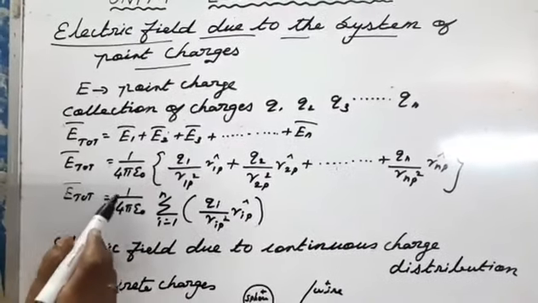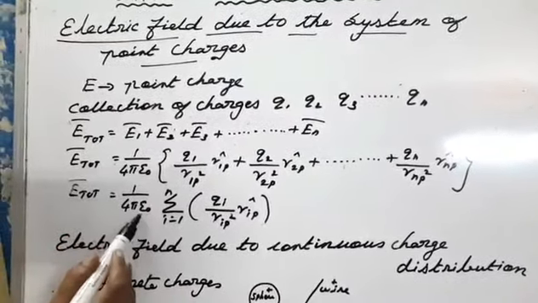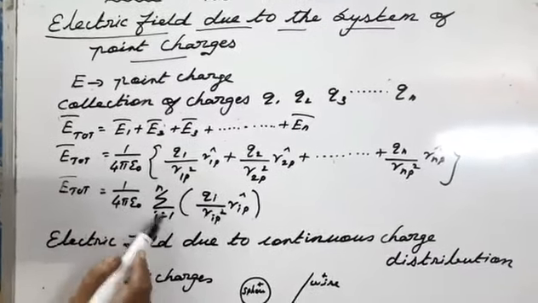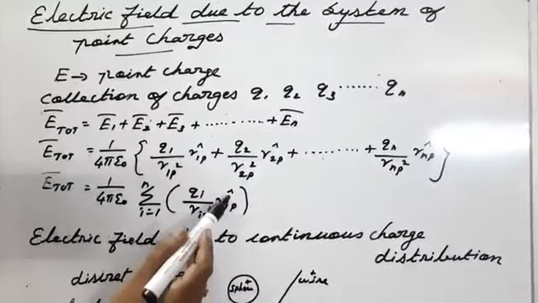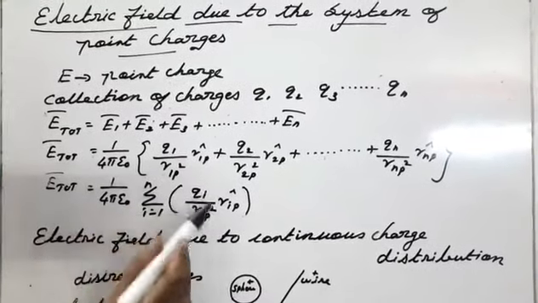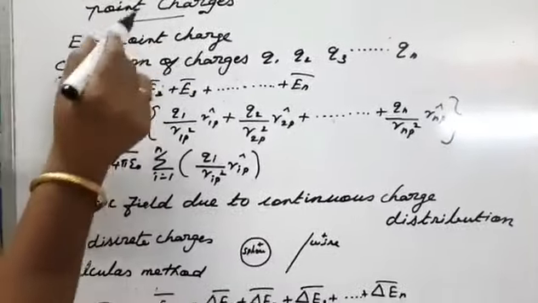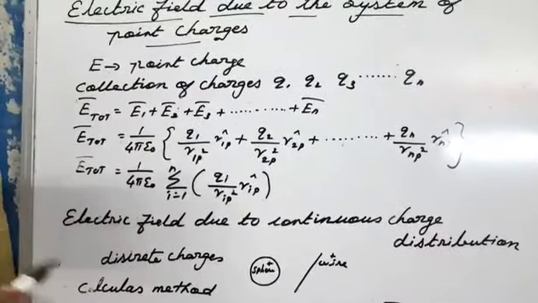Therefore E total bar equals 1 by 4 pi epsilon naught summation i equals 1 to n Qi by Rip square Rip cap. So this is known as the electric field due to a system of point charges.